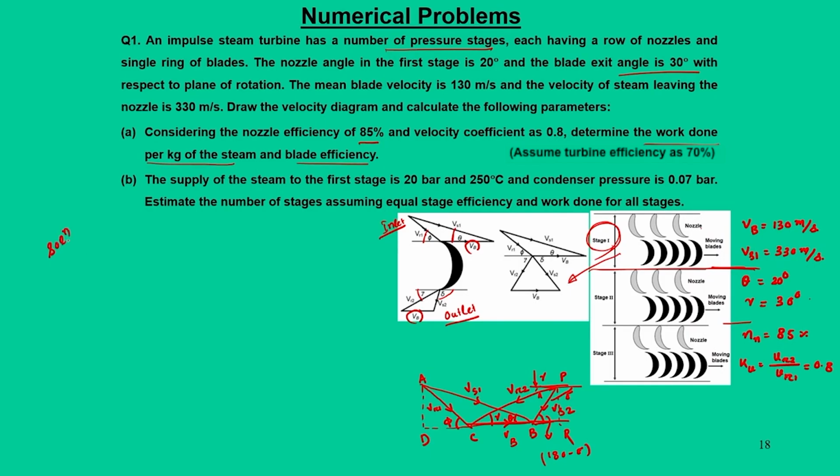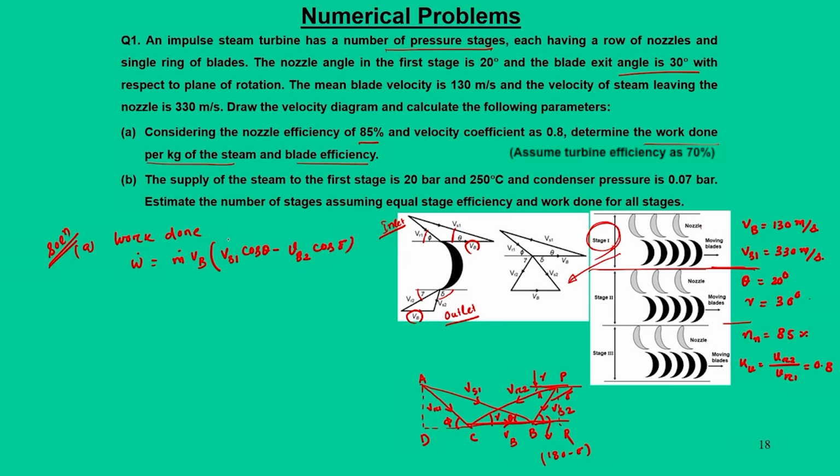So, to start the solution for part A, we write the equation for work done. W dot would be m dot Vb, this is the basic equation, times Vs1 cos theta minus Vs2 cos delta. What information do we have?